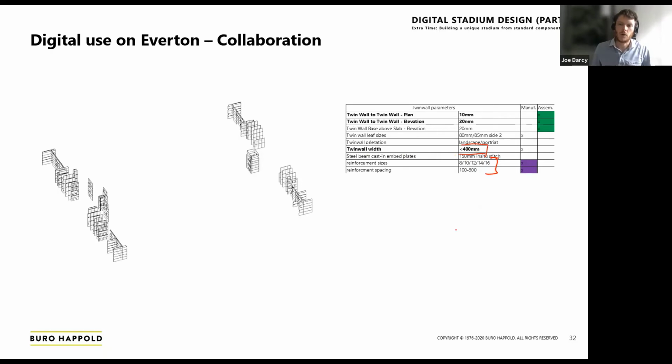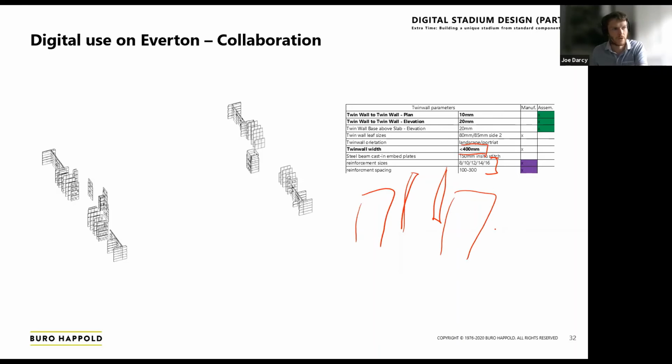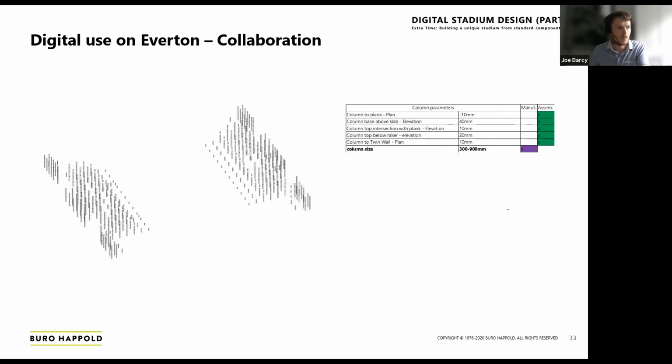If we are conscious of that at an early stage, we then don't end up having to put a significant amount of reinforcement in the in situ part of the twin wall where you have the joints, to allow the force to be transferred between planks. And likewise columns, here I've highlighted nominal column dimensions, which we would look to stay within the realms of.